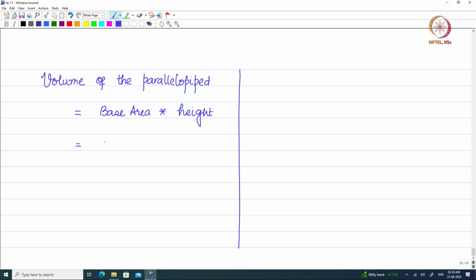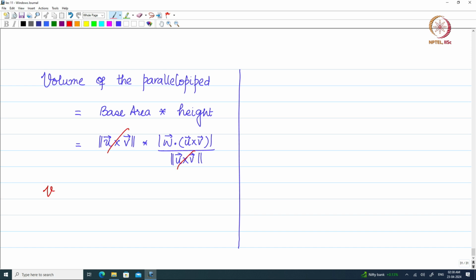The base area is u cross v, and the height is what we found out, the absolute value of w dot u cross v divided by the length of u cross v, and we see that these two get knocked off.